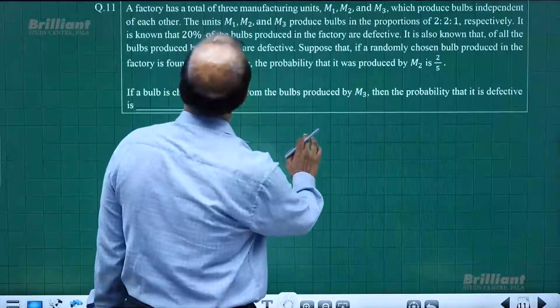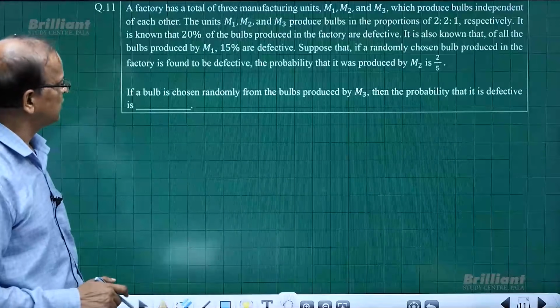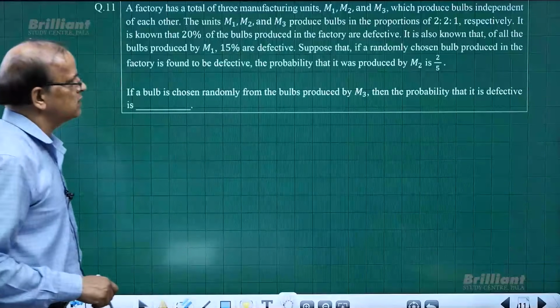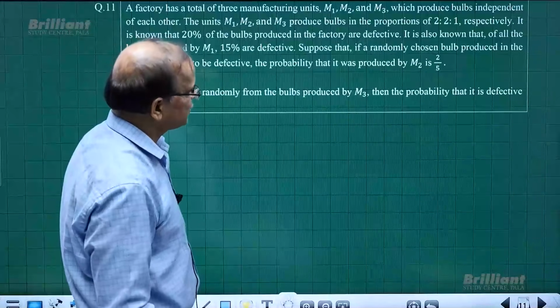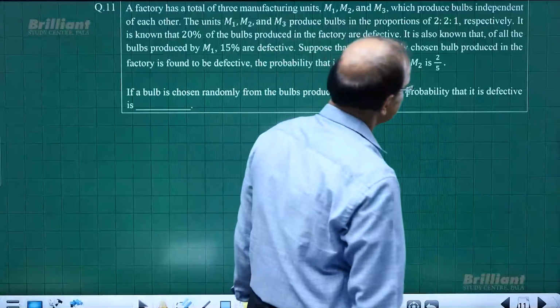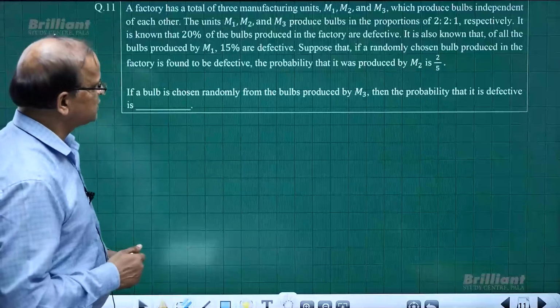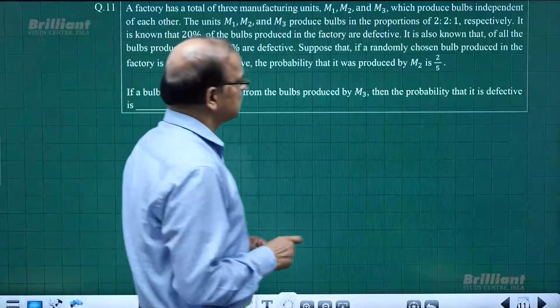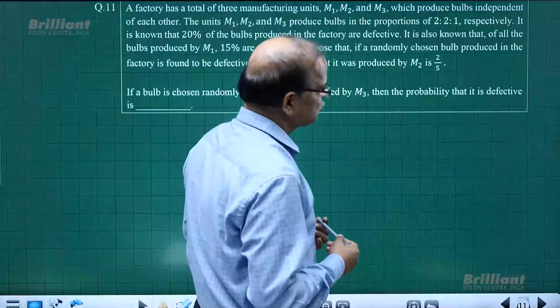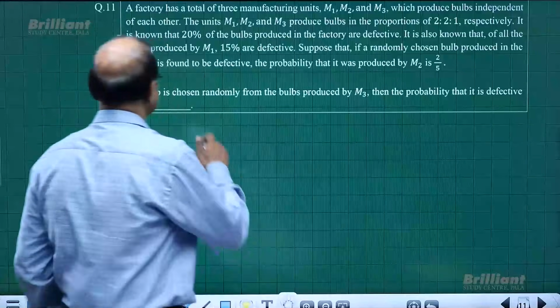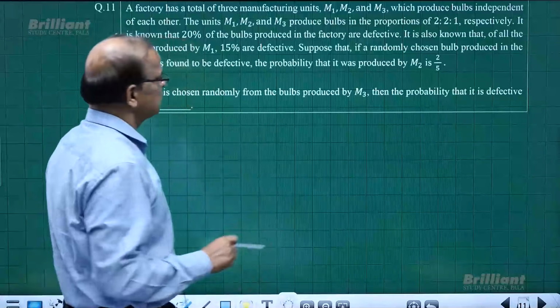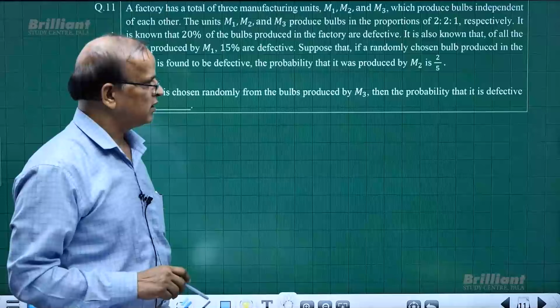So what is this question based on? Probability. A factory has a total of 3 manufacturing units M1, M2, M3 which produce bulbs, independent of each other. The units M1, M2, M3 produce bulbs in the proportions 2 to 1 respectively. It is known that 20% of the bulbs produced in the factory are defective.